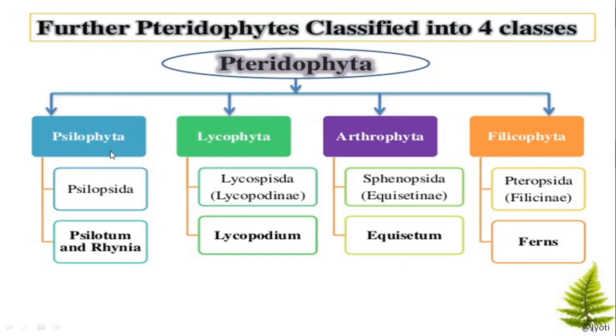Okay, so here are the examples of each group, that is Psilotum and Rhynia. Just remember the group and the examples. And for your class it is not essential to know more about these groups. So Lycophyta, its example is Lycopodium. Arthrophyta, its example is Equisetum. Then Filicophyta, its example is Fern.